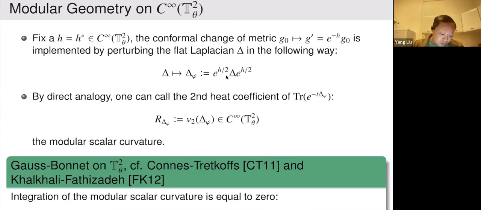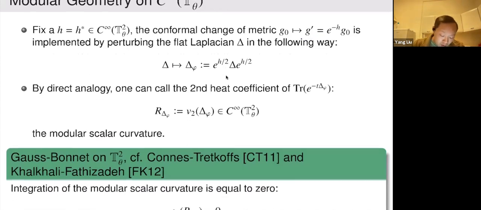And then by direct analogy of the result for manifolds mentioned before, you can take the functional density of the second heat coefficient as a notion of the corresponding scalar curvature for such a metric G prime.